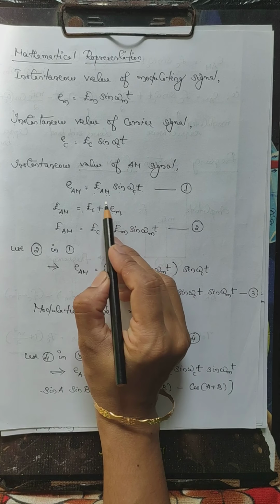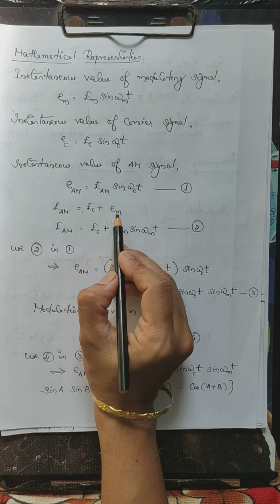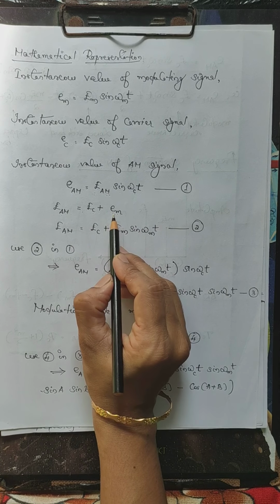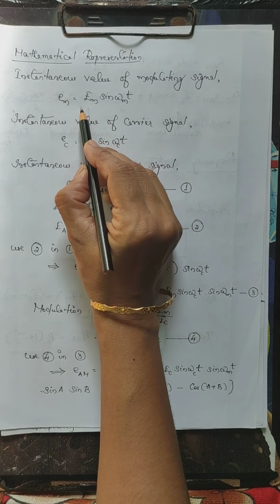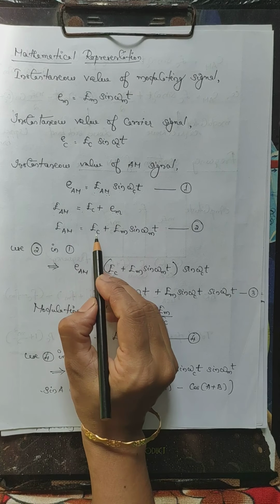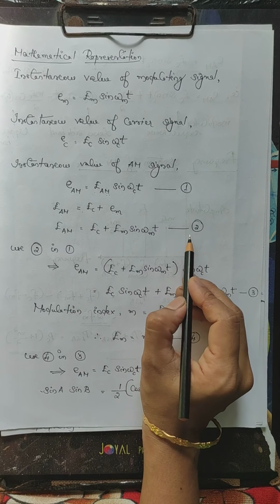So substituting the equation for modulating signal, we have em is equal to Em sin omega mt. So EAM becomes EC plus Em sin omega mt. Mark it as equation number 2.